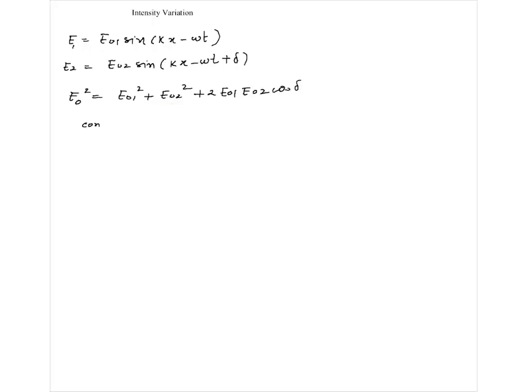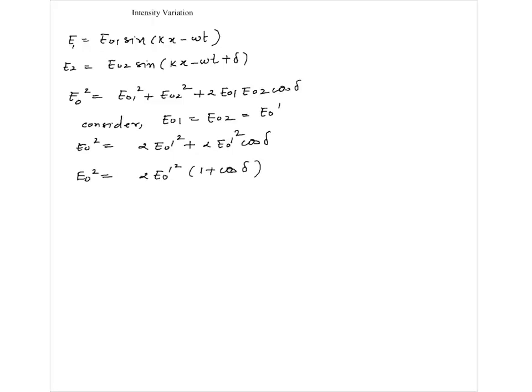So if I consider these to be equal, then I get this. Intensity is proportional to amplitude square, but the proportionality sign will go.